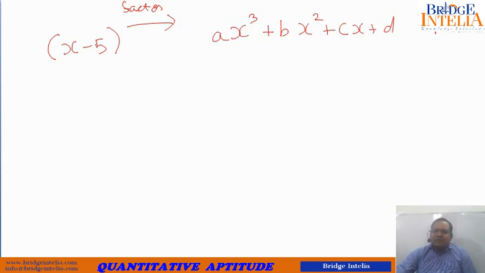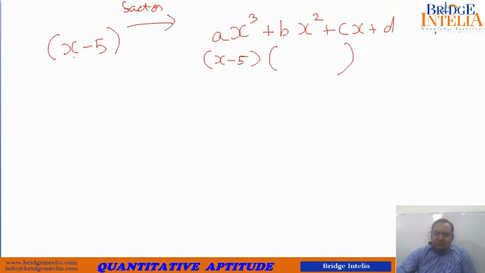The purpose of giving this information, or the step that you should take, is that it is being told that x minus 5 is a factor. It means this thing can be written as x minus 5 into something. So that's why x minus 5 is said to be a factor. Realize something.